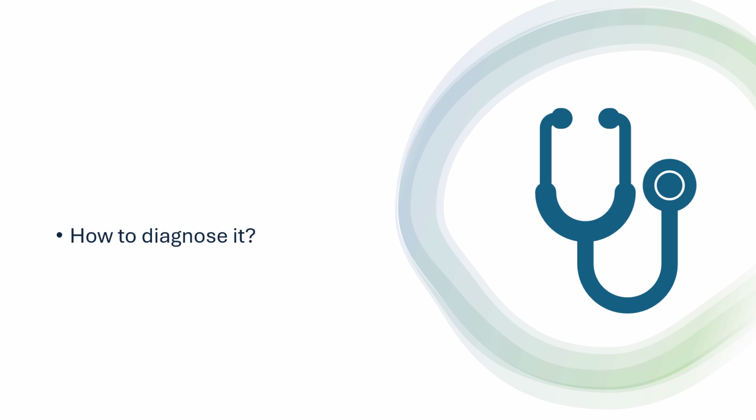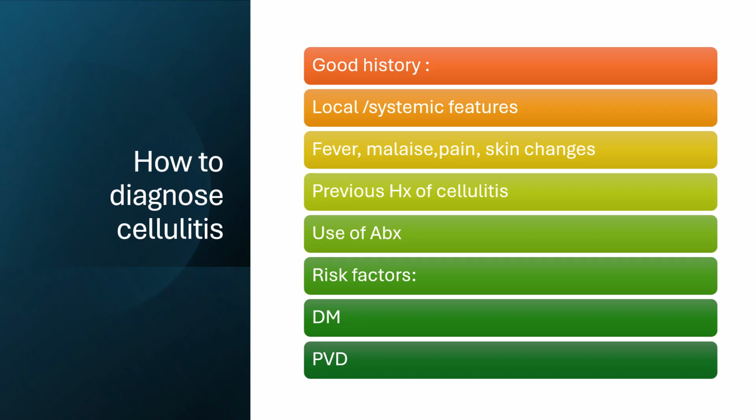How to diagnose it? In order to make our diagnosis, we have to take a short and very accurate history, and that should include the local and systemic features. You need to ask about fever, malaise, pain, skin changes, any previous history of cellulitis, any use of antibiotics, their occupation, their hobbies, and if they have any pets at home, and risk factors, for example, diabetes mellitus and peripheral vascular disease.